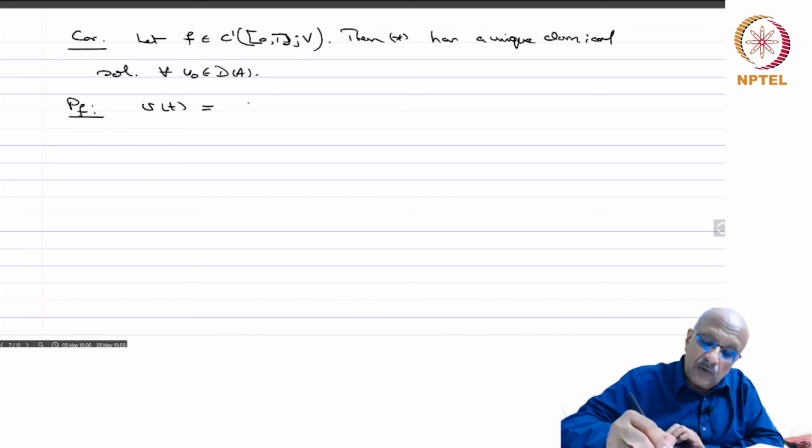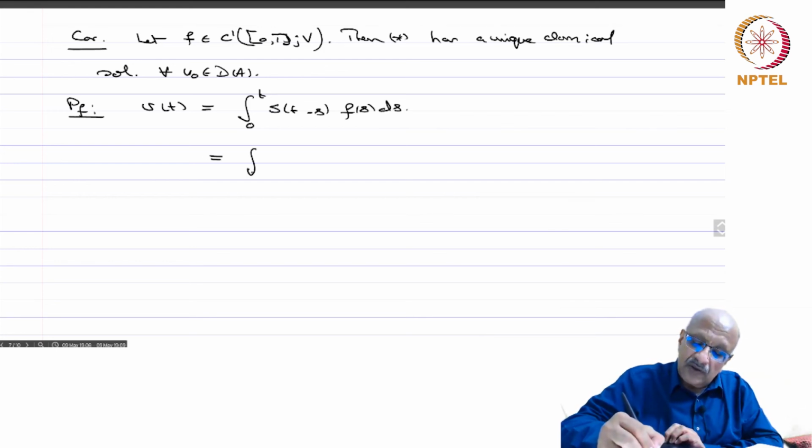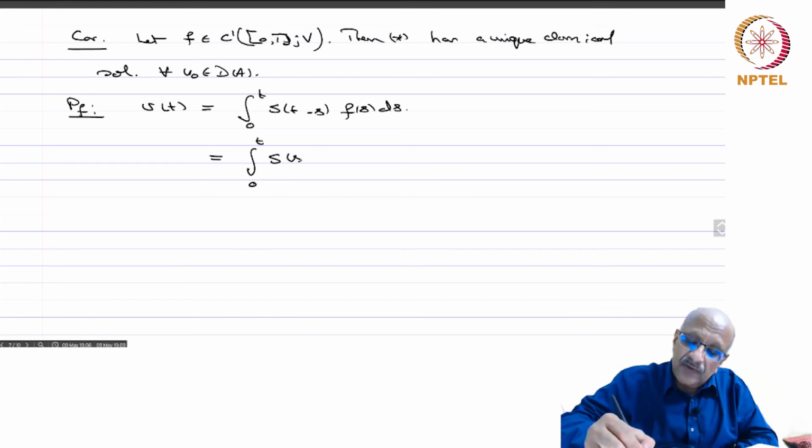So, Vt is equal to the integral 0 to t of S(t minus s) f(s) ds. Now, I can also write this by change of variables as the integral 0 to t of S(s) f(t minus s) ds.